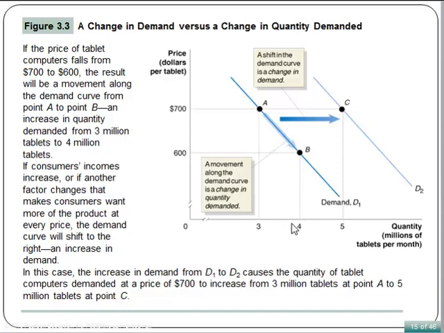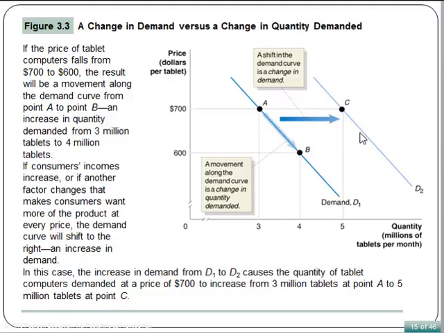If it's not the price change, let's say consumers' income increases, or if other factors change that make consumers want more tablet computers at every price, the demand curve will shift to the right, an increase in demand.